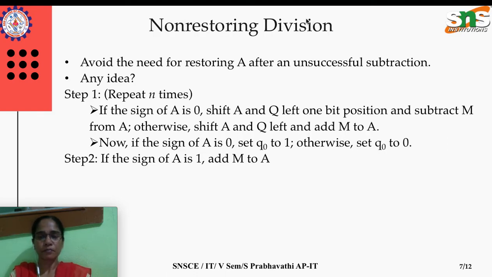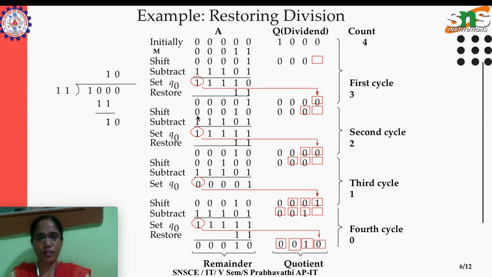Okay, how it gets resolved: in each and every cycle in the restoring algorithm, what we did, we have subtracted and added. Here restore is nothing but adding. Okay, in one cycle itself, if the sign bit of the accumulator is 1 we did two operations, addition and subtraction.